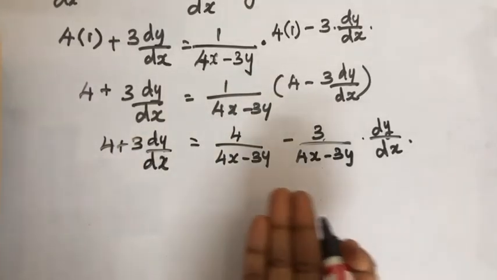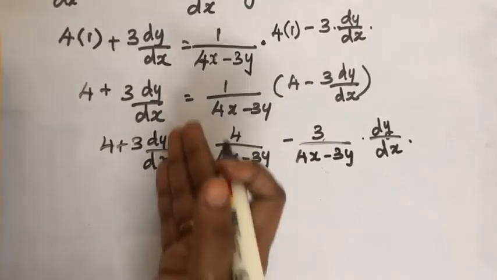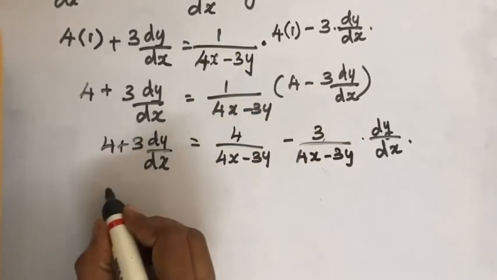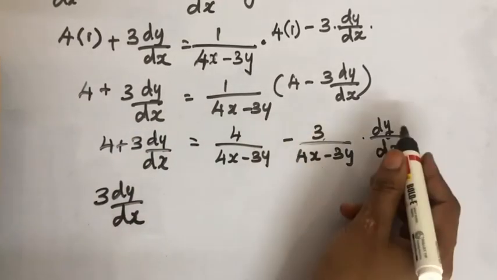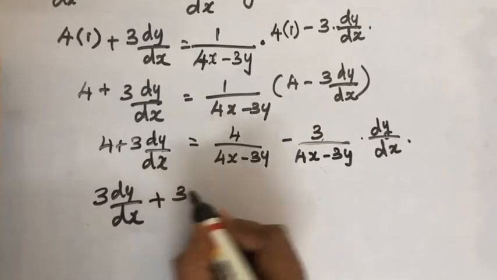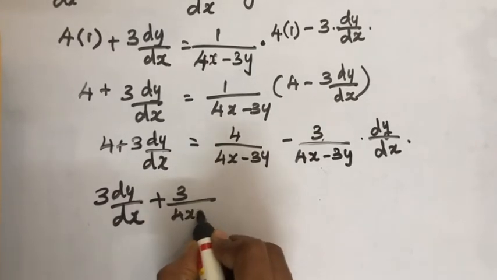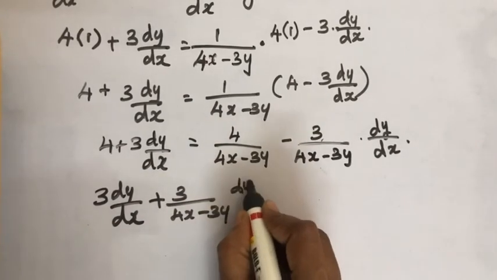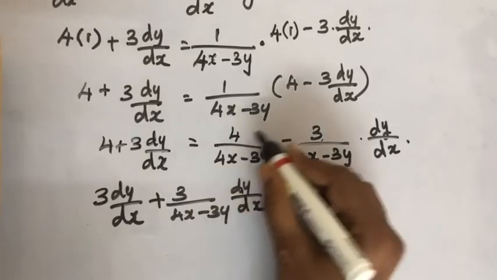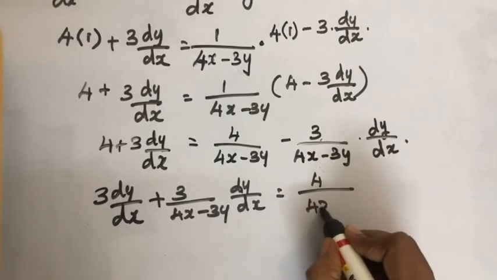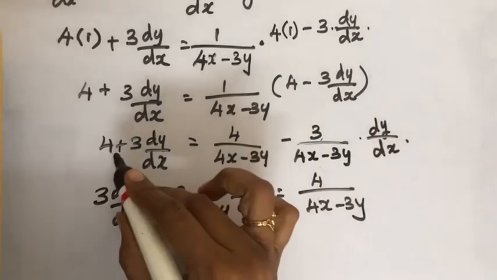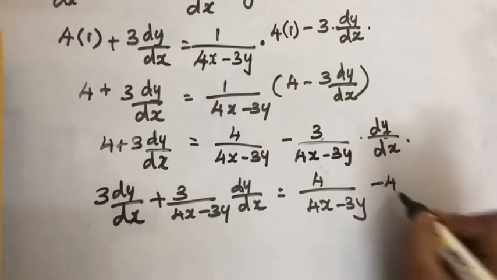Now I am bringing the terms together. We bring the 3 dy by dx terms together. So 3 dy by dx, here minus 3 into, so it is plus 3 by (4x minus 3y) dy by dx is equal to 4 divided by (4x minus 3y) plus 4; while coming to this side it will become minus 4.